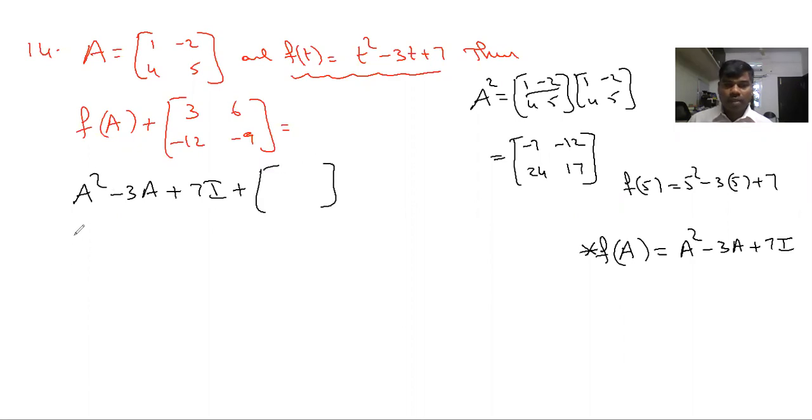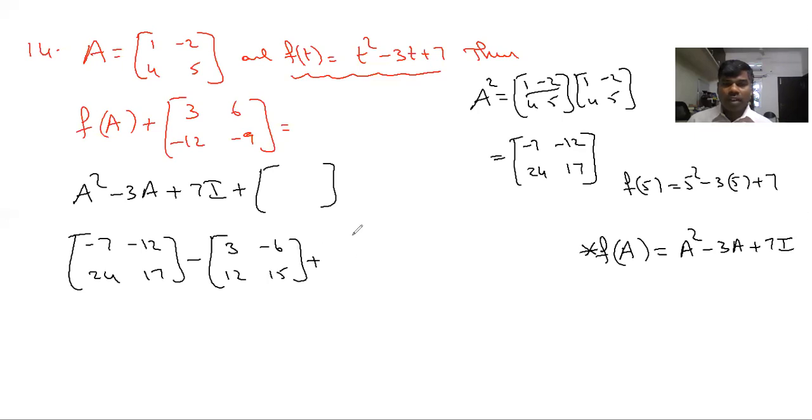So A square means minus 7, minus 12, 24, 17. Minus 3 times of that means 3, minus 6, 12, 15. Plus 7 times means 7, 0, 0, 7. Plus 3, 6, minus 12, minus 9.